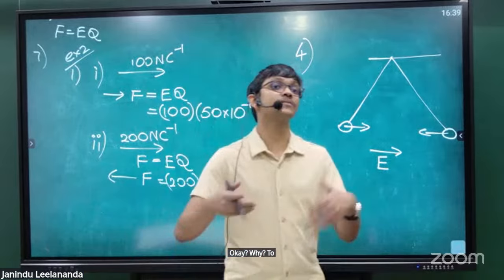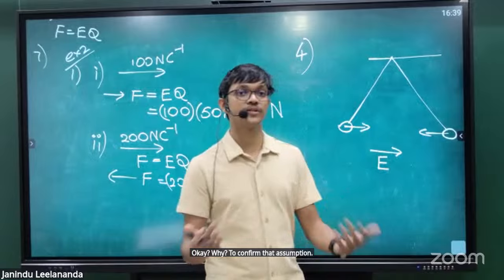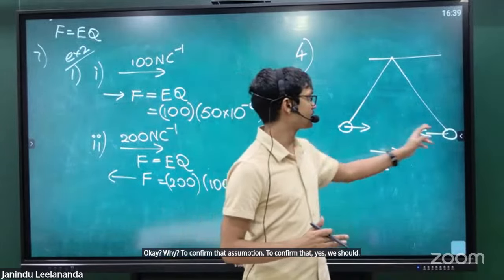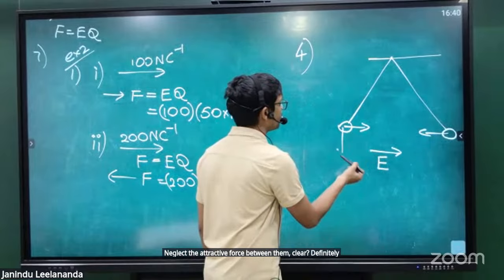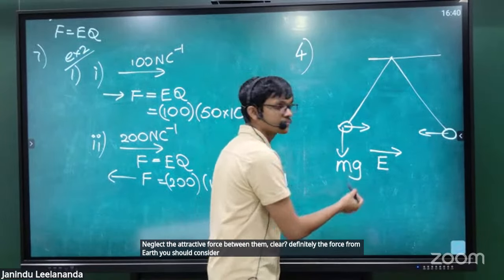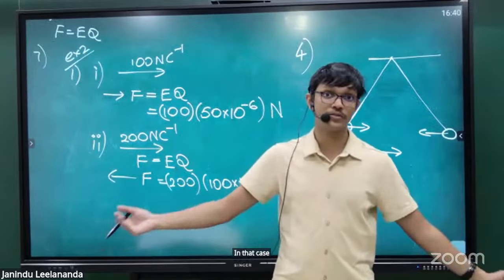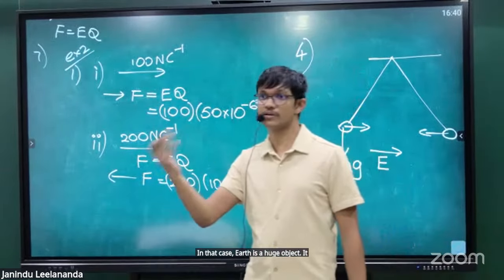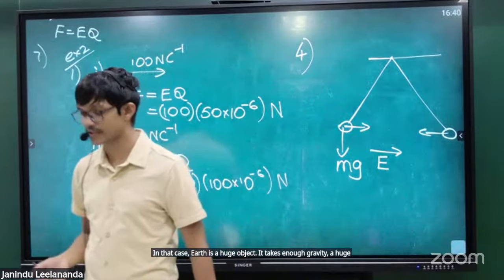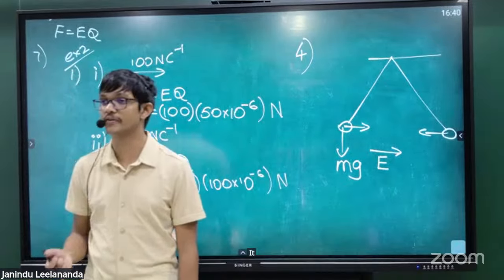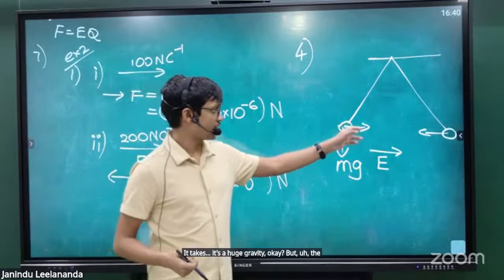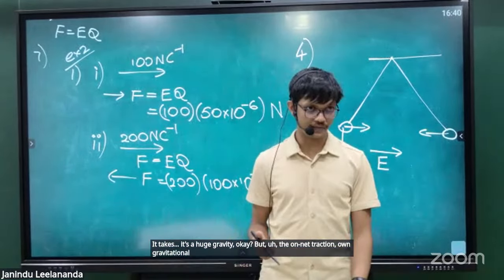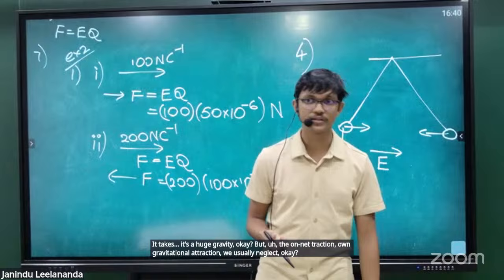To confirm that assumption, to confirm that, yes, we should neglect the attractive force between them. Clear? Definitely the force from Earth you should consider. Why? In that case, Earth is a huge object. It exerts a huge gravity. But the own gravitational attraction, we usually neglect. Okay? Clear?